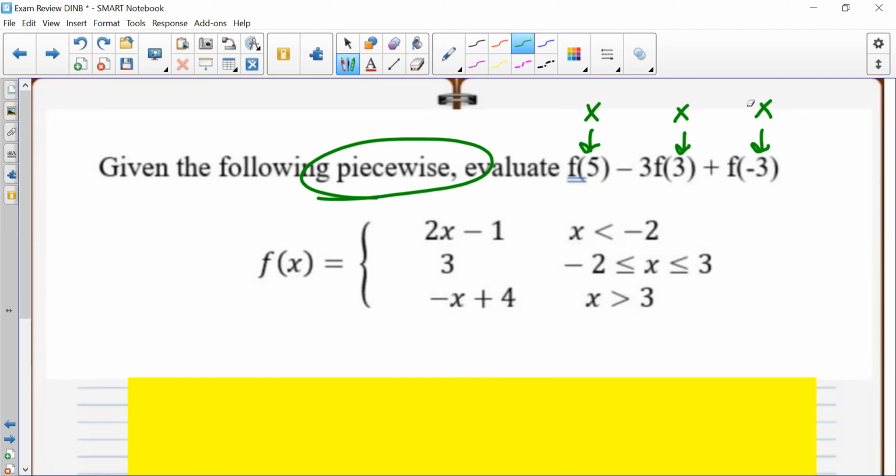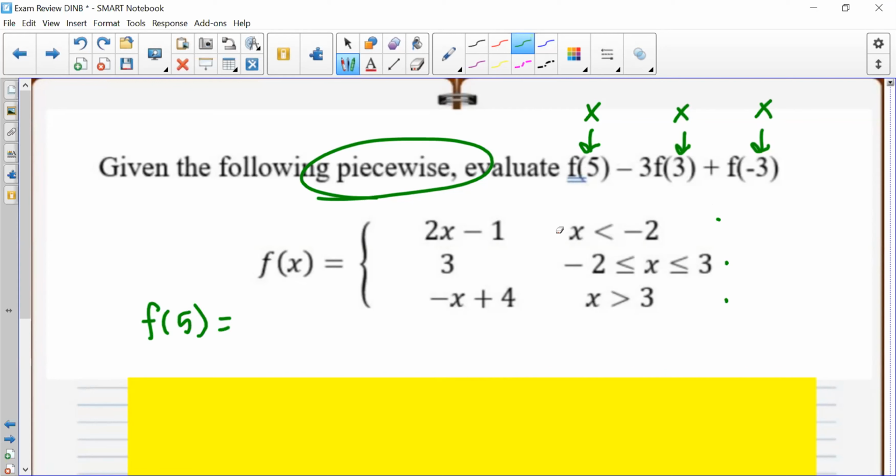And remember, in piecewise, we have several pieces of the graph. That's why it's called piecewise. And we have to determine which section these numbers fit in. All right, so the first one, f of 5, let's do that first. And then we can do our final answer at the end.